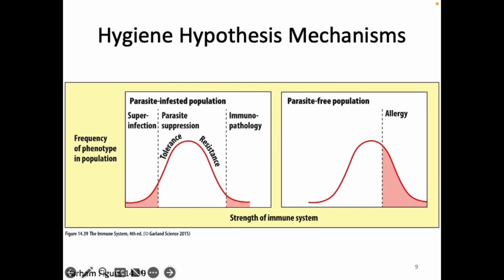People have actually done studies, not giving people actual parasite infections, but they've tried to give them pieces of schistosome eggs. Basically take the egg that can't reproduce, break it up and inject it, and see if just having those antigens around can cure the allergy.